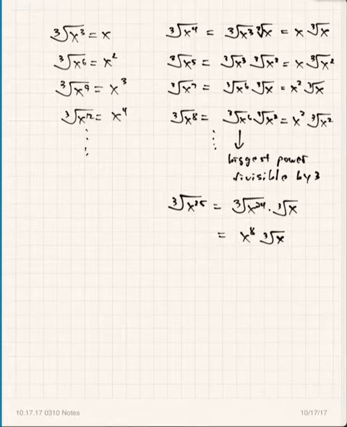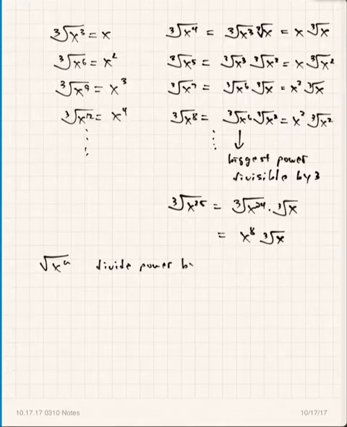All right, the same things we're talking about here with cube roots would extend to 4th roots and 5th roots. So what do we see? The square root of x to the a, this is a square root. We divide the power by 2.